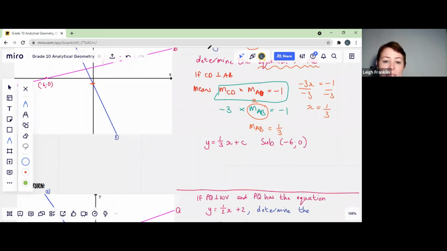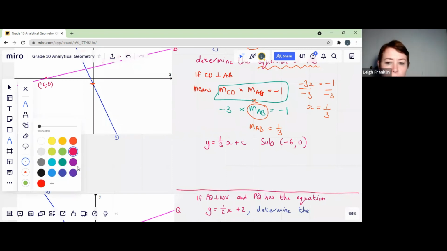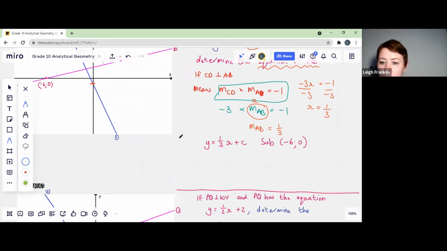So try and sub that in and see if you can work out a value for C. Cool, Harry, well done. Okay, so Harry says that C is 2.